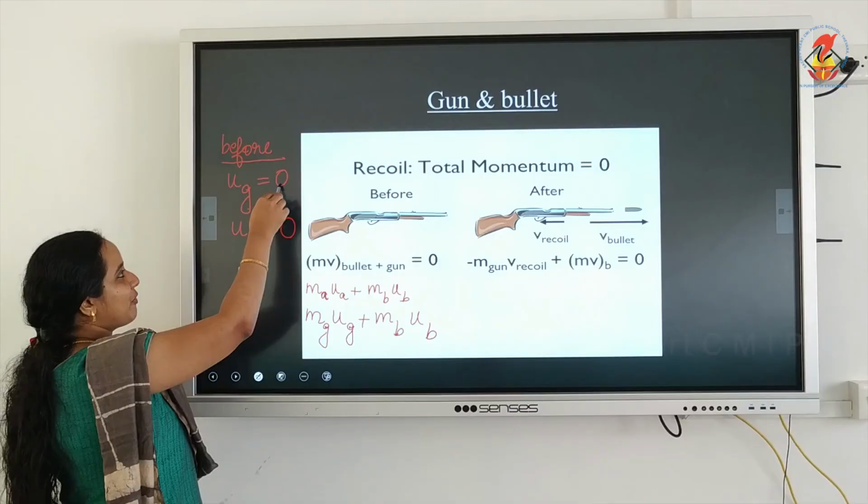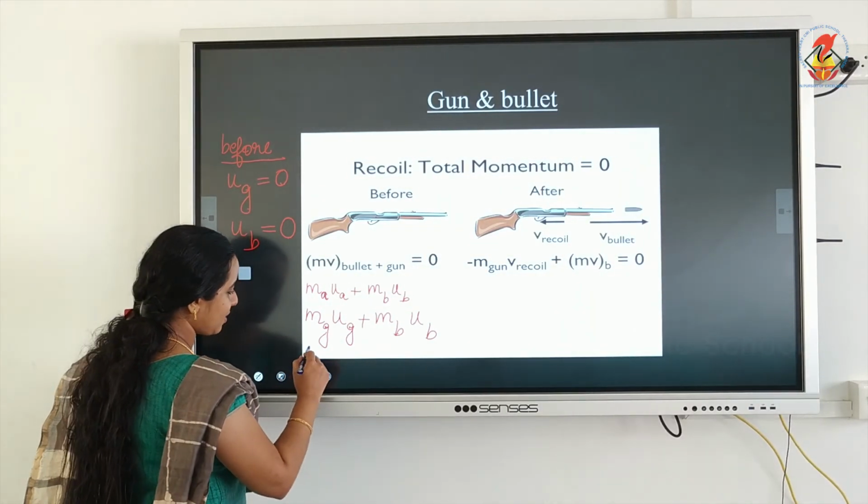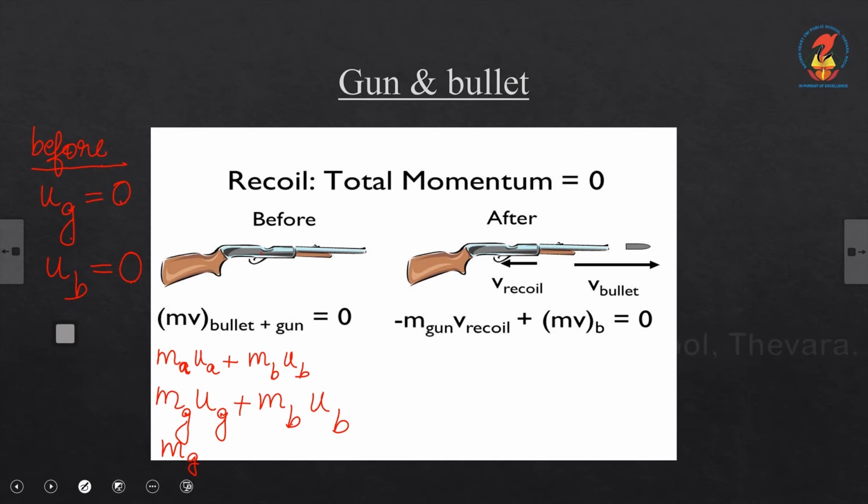And we know that before collision, both were at rest. That is, Mg times Ug is 0, plus the mass of the bullet times its velocity before collision, which is also 0 since the bullet and the gun are at rest.